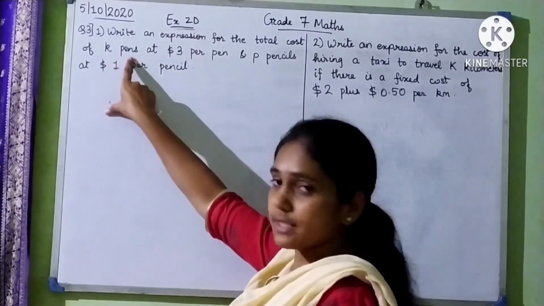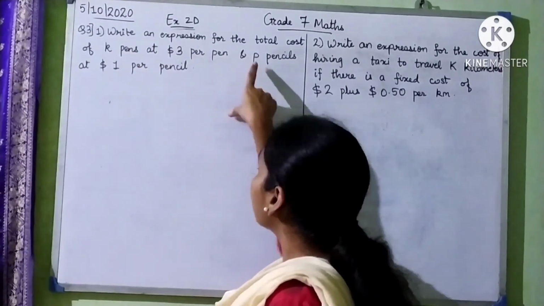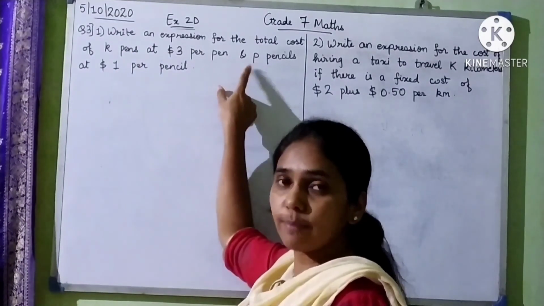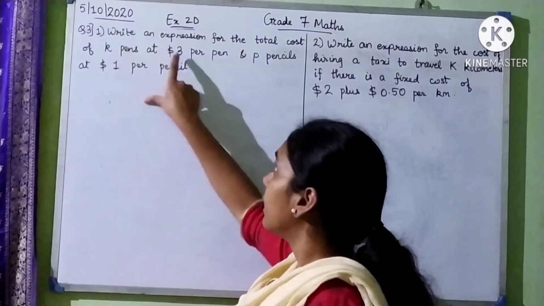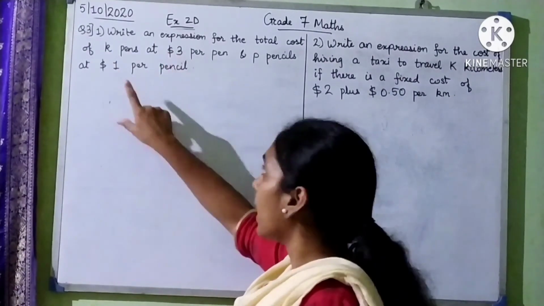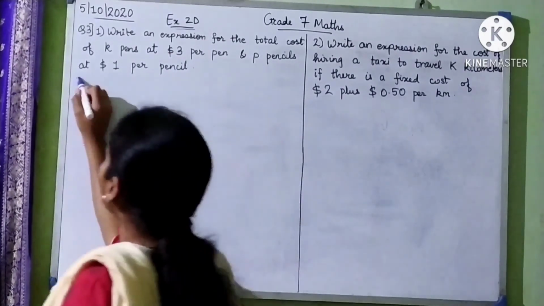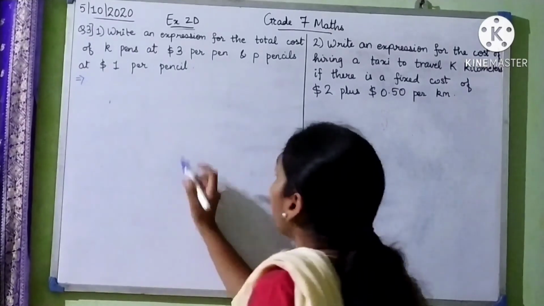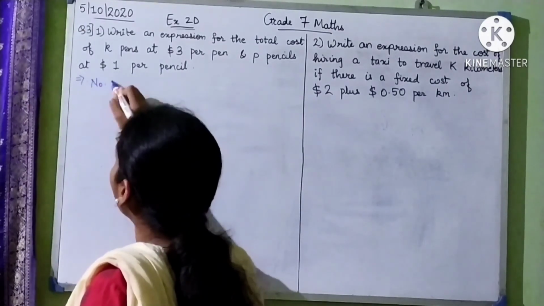Total of what? Total of K pens. How many pens are there? K pens are there. And how many pencils are there? P pencils. P number of pencils are there. The cost of one pen is $3 and the cost of one pencil is $1. So first I will write the number of pens.